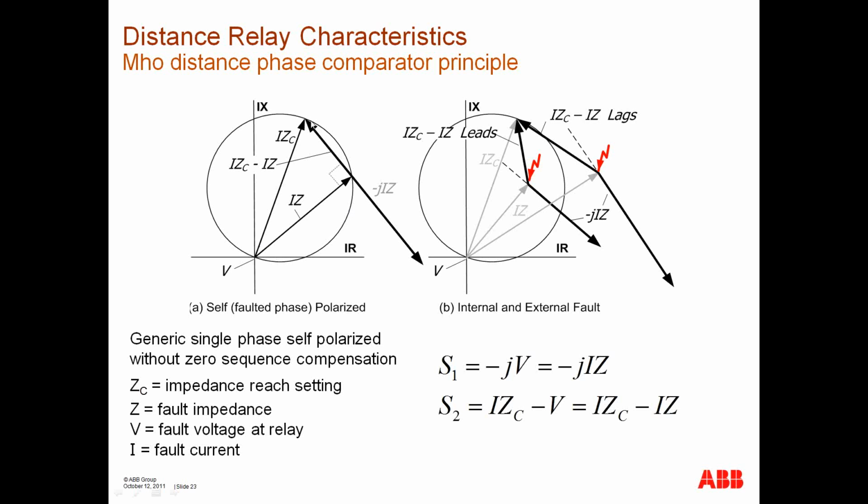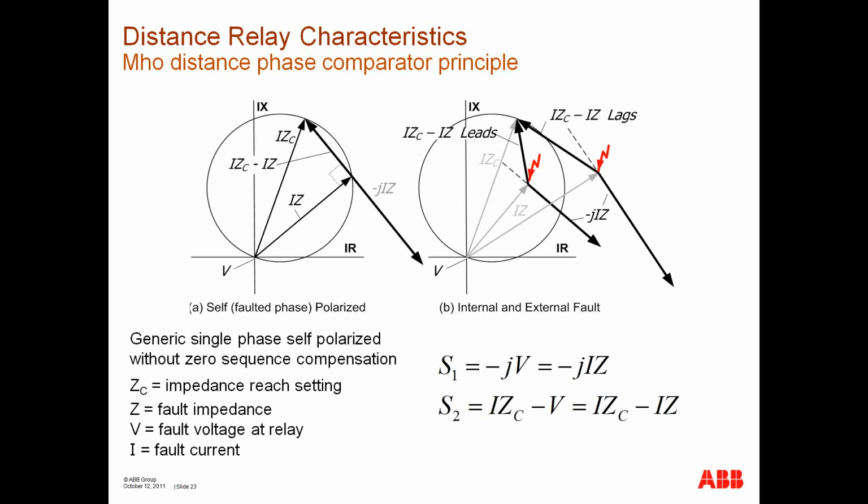So I can produce this quantity right here, which is the IZC minus IZ that you see here. And then the polarizing quantity is this value right here. Now I've rotated it by 90 degrees to give it in this direction.